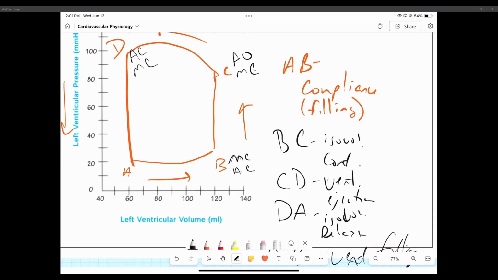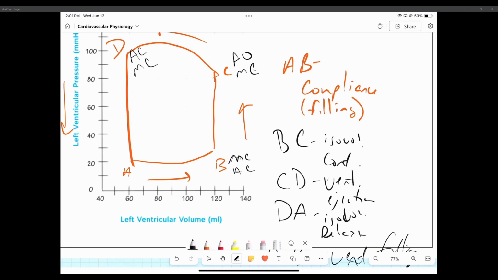We are going to use this graph a lot to describe a lot of different changes to the parameters that affect stroke volume. So we're going to refer to this graph a lot. So really understand what's going on with these different phases. At what point would you know where end diastolic volume is?